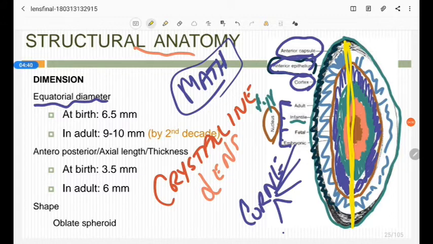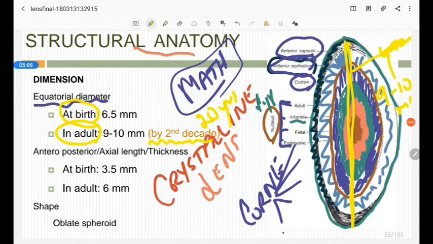This varies at birth and in the adult stage. At birth, this is around 6.5 millimeters, and in the adult stage it doubles to 9 to 10 millimeters. The adult size is reached by the second decade, at the age of 20 years.